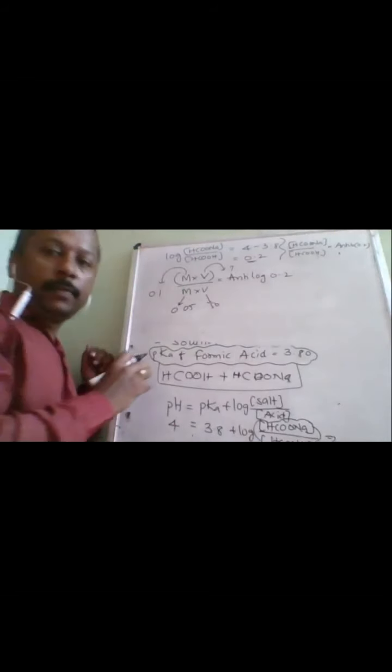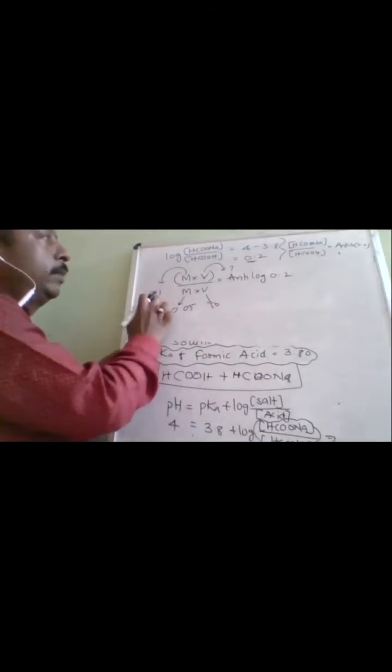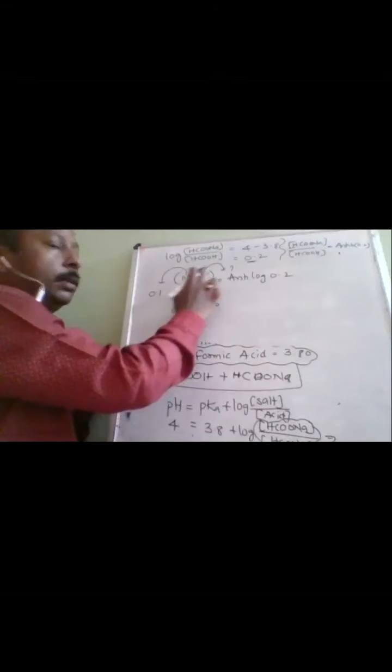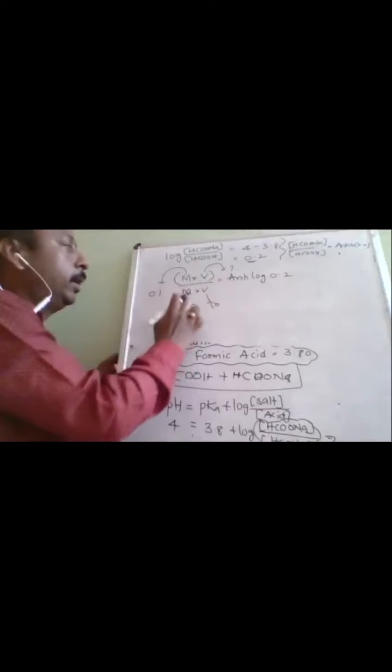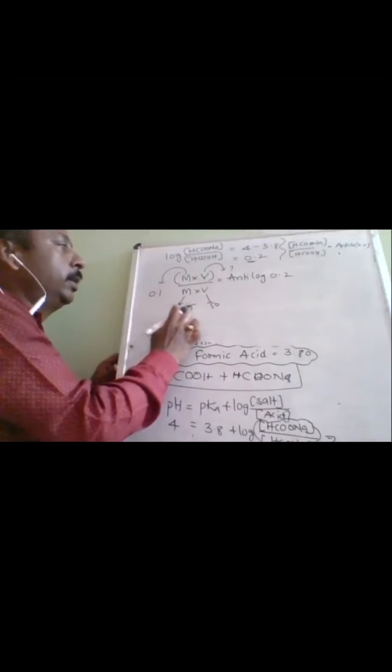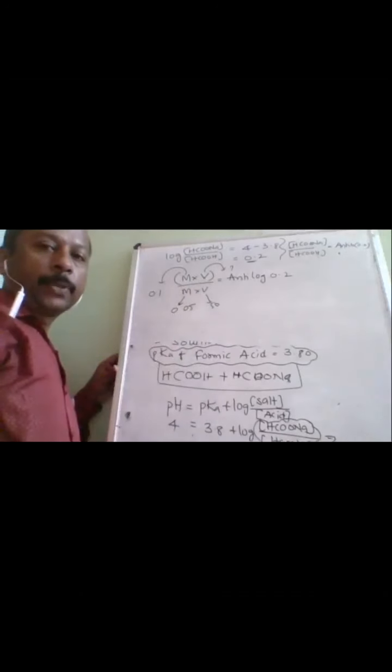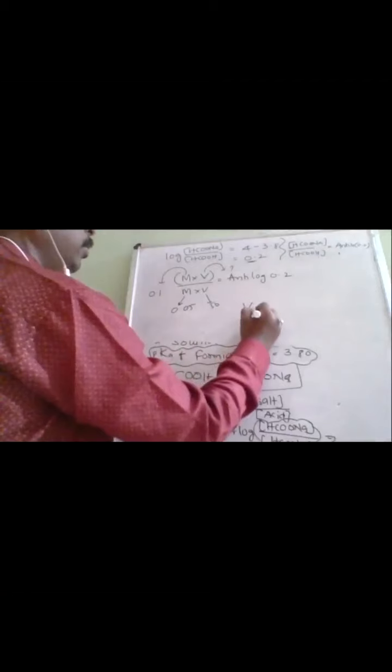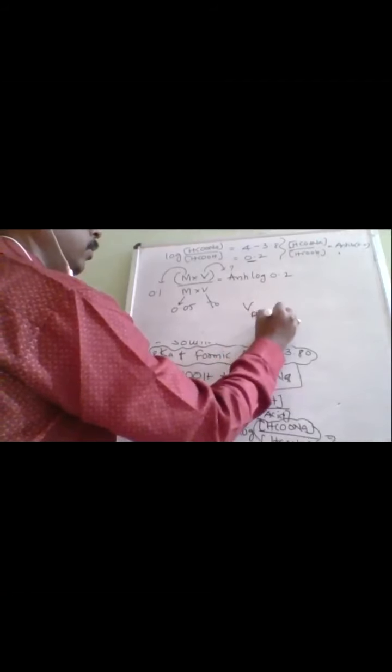Is it understood? All things we have, only one value is not known. Molarity of the sodium formate is 0.1, volume we have to find out, divided by molarity 0.05 and volume 50. By substituting and simplifying, those who got an answer of 39.6, here the volume of sodium formate, HCOONa, should be 39.6 milliliter.